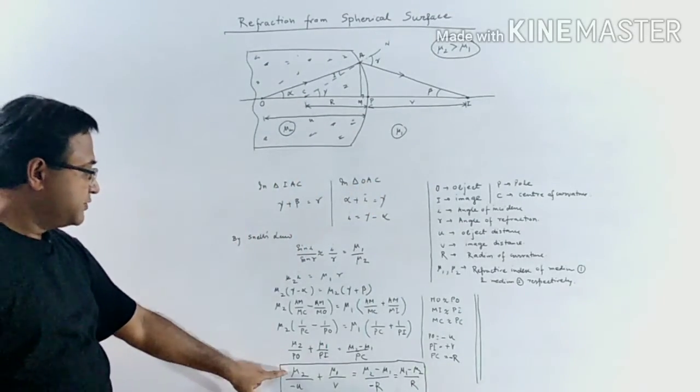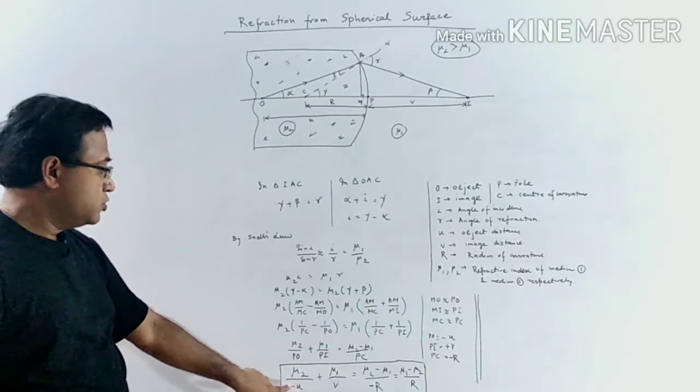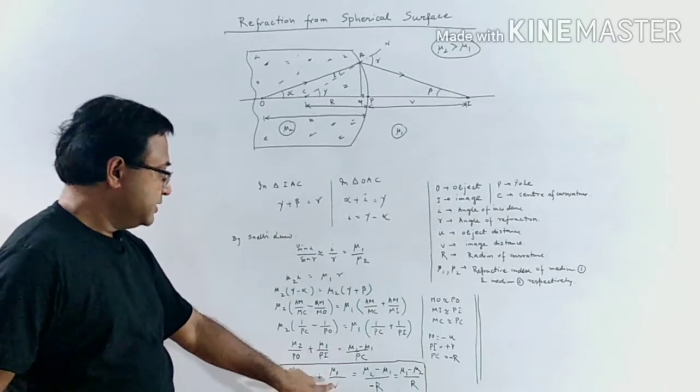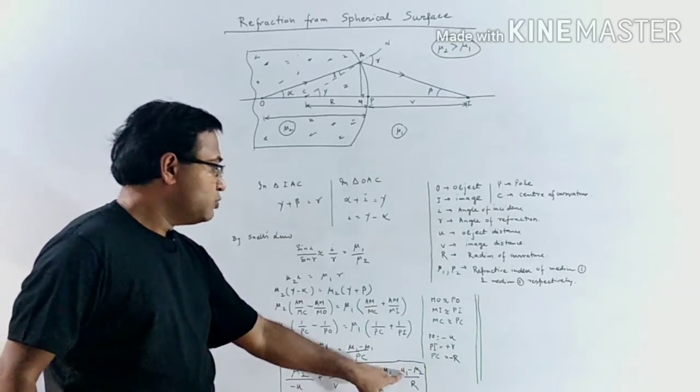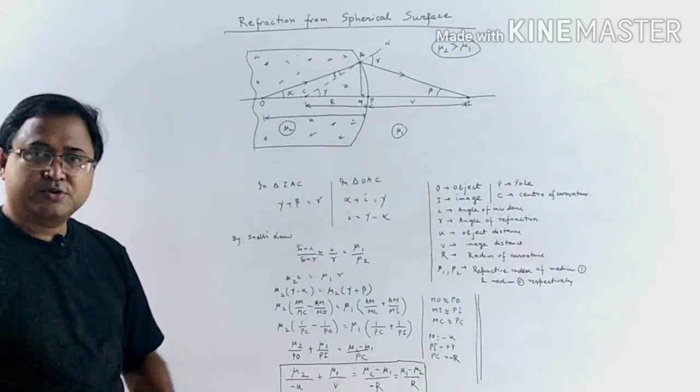Here we can use this formula, mu2 by minus U plus mu1 by V is equal to mu2 minus mu1 by minus R, or mu1 minus mu2 by R. So this is the relationship.